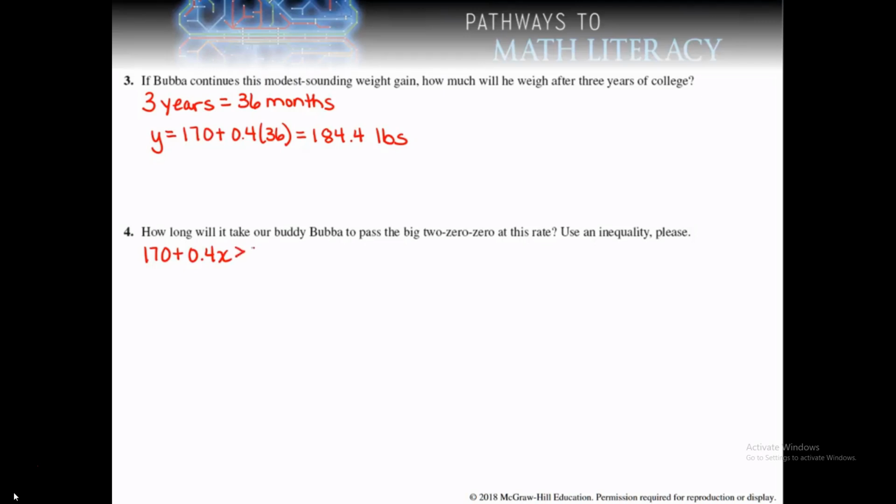So first I'll subtract 170 from both sides. That's going to give me 0.4x greater than 30. I'll divide both sides by 0.4, and that's going to give me x greater than 75. And that means that after 75 months have passed, Bubba will weigh over 200 pounds.